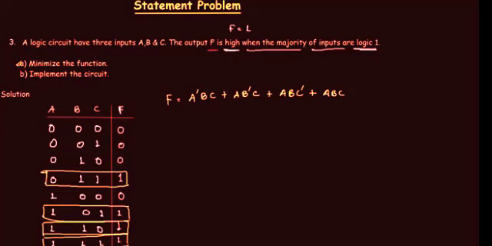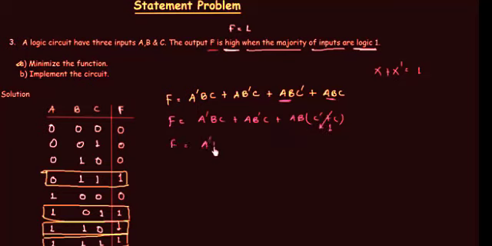So we are going to use Boolean algebra to minimize this function. I will take AB common from the last 2 terms. So we have A complement BC or AB complement C or AB, and in the bracket we will have C complement or C, and we already know x or x complement is equal to 1. So C complement or C is equal to 1.